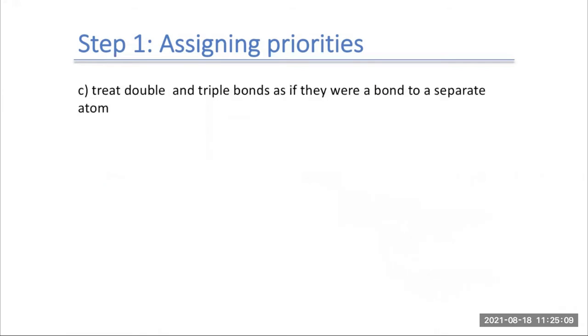So we've looked at step 1A, look at the atomic weights. 1B, look at what the atoms are attached to if they are the same atomic weight. 1C. So far, we've only looked at single bonds. When we have a double or triple bond, we treat it as if it's bonded to a separate atom. Let's go into a couple examples of what this means.